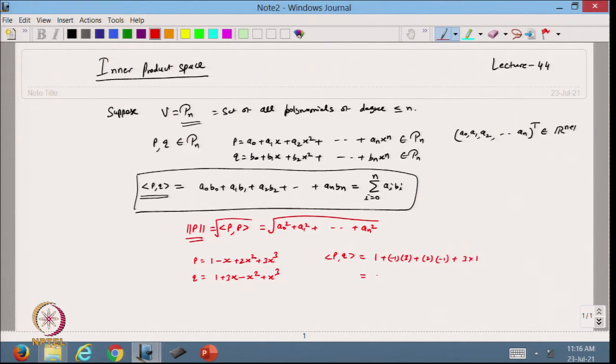So, from here I will get minus 1 minus 3 minus 2 plus 3, which is basically minus 3. That is not equal to 0. So, not orthogonal.